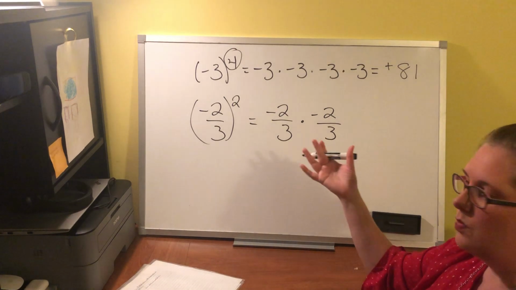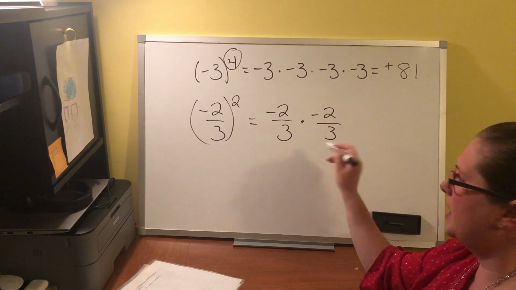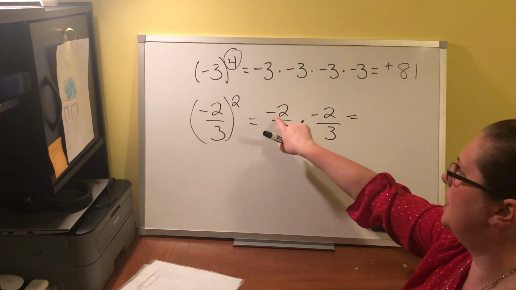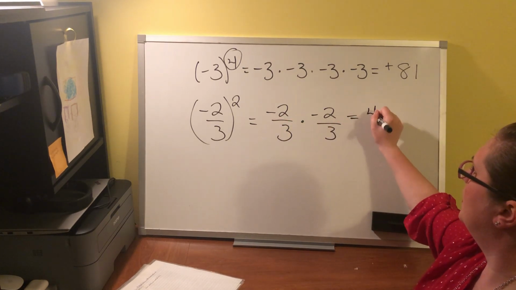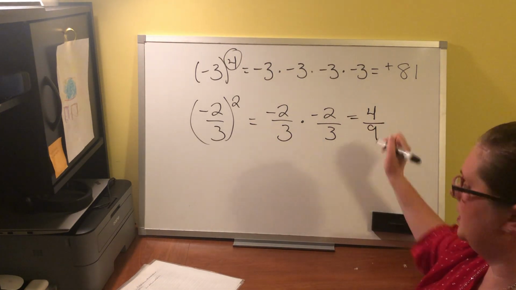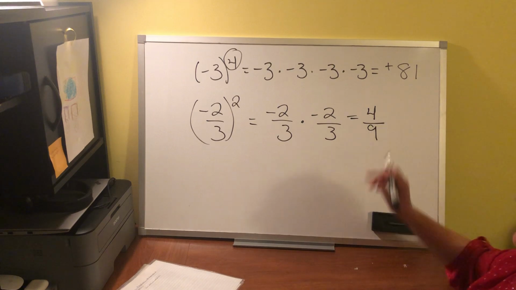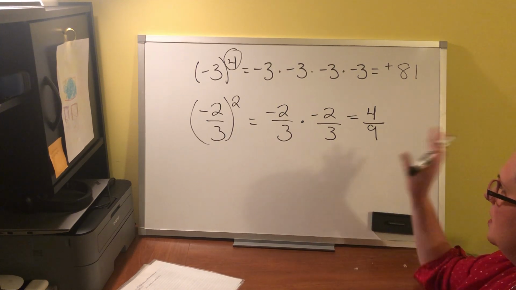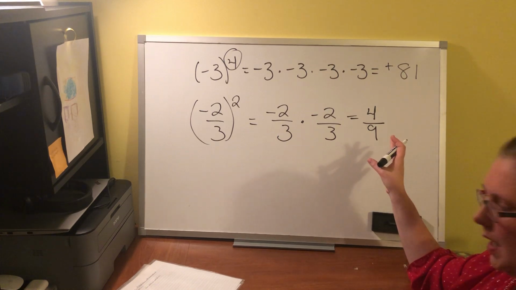I would do what we would normally do for multiplying fractions, look diagonally, nothing cancels, so we would multiply straight across. So negative 2 times negative 2 is a positive 4. 3 times 3 is 9. Always double check to see if you can reduce, right? Nothing goes into 4 and 9. So you're done, and that is your answer there, okay?